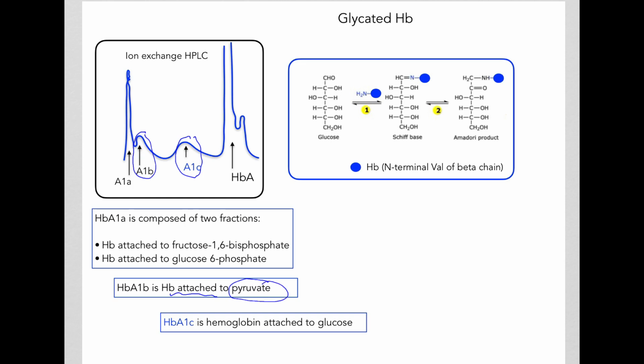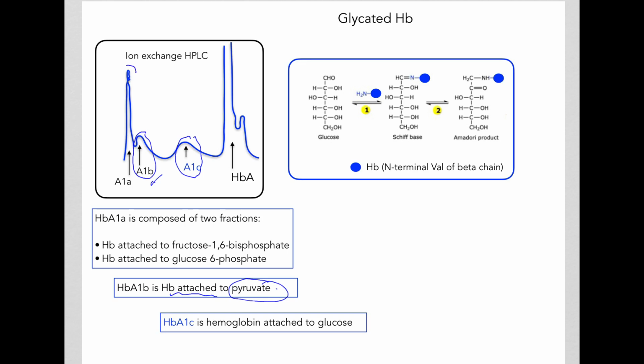Remember from metabolism that pyruvate is a very important intermediate that is formed, for example, after glycolysis, where the glucose is converted to pyruvate. This pyruvate can also react with the hemoglobin present in red blood cells and form A1b.